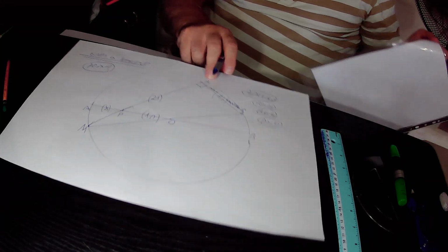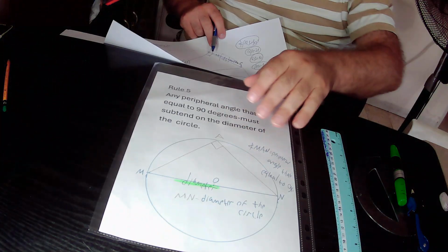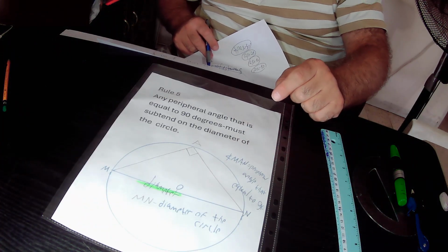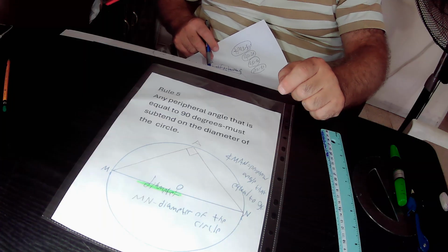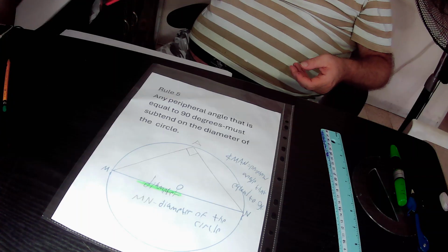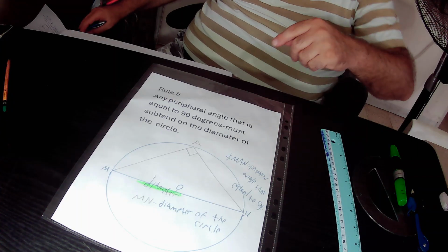We'll repeat quickly rule 5. According to rule 5, any peripheral angle that is equal to 90 degrees must subtend on the diameter of the circle. So in the drawing we have a circle.